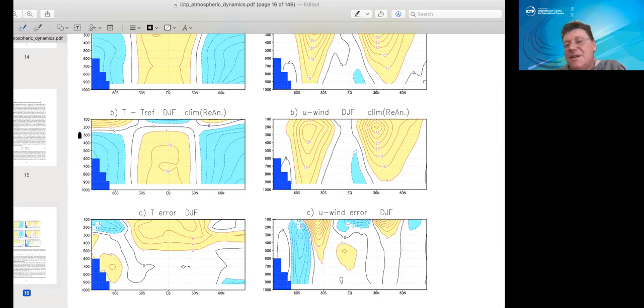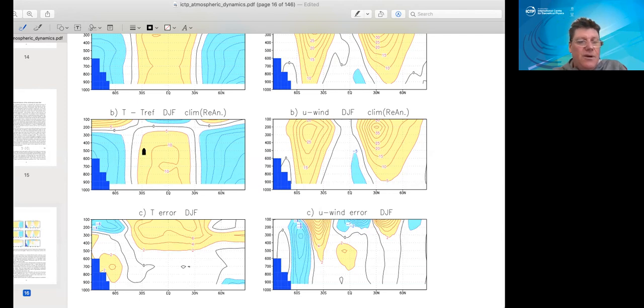So the coordinate system we are looking at here is the pressure coordinate system. So, for example, at the surface, we have about 1000 hectopascal, and then we go up in the atmosphere, the upper atmosphere. So we are making already use of this fact that we can look at our fields equivalently in this pressure coordinate system as compared to the z coordinate system. So z goes up in this direction and pressure goes up in this direction.